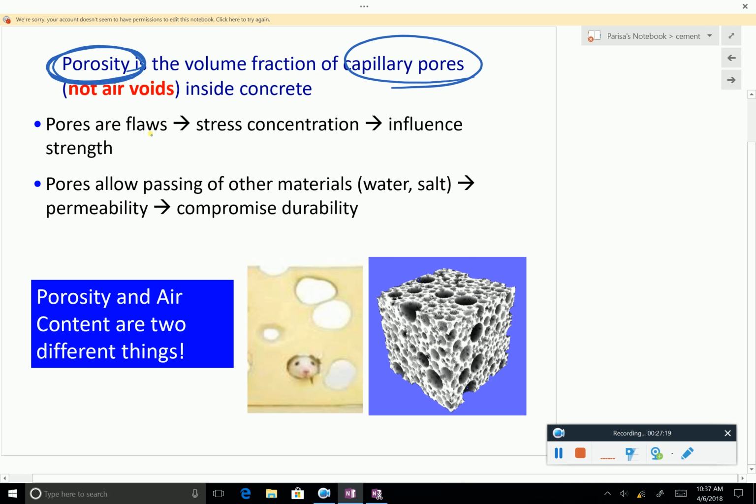They are really like flaws, very, very tiny, and they cause stress concentration, so strength goes down, and as we just talked about, they also work as conduits to bring water into the material, and that causes freeze-thaw problems, and they also bring salt in, which causes corrosion of steel reinforcement. So when you talk about porosity, remember that large air voids are not included.